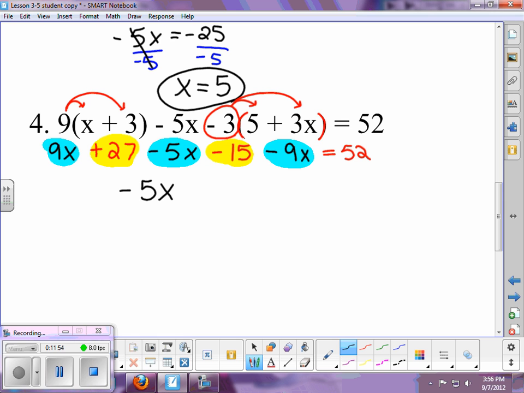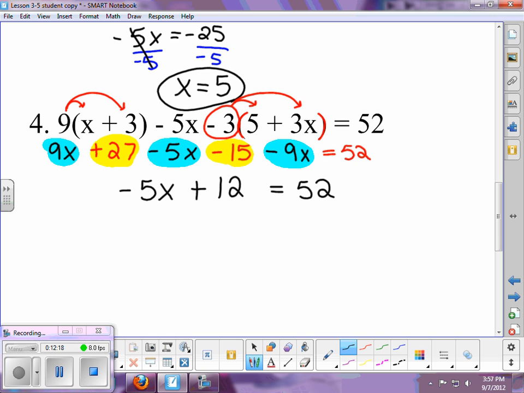Combine the other like terms highlighted in the yellow, 27 minus 15, which would give us positive 12. And recopy equals 52. So again, just like number 3, we've taken a problem that looked really hard from the beginning, and now it looks a whole lot easier. It's a little bit more manageable.